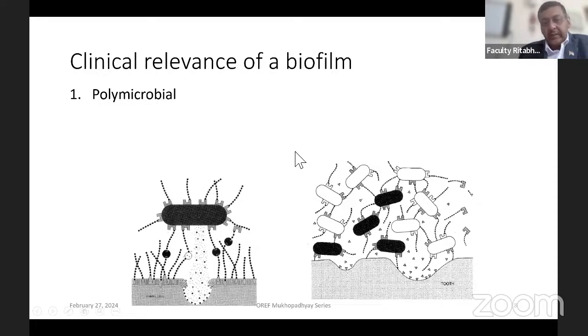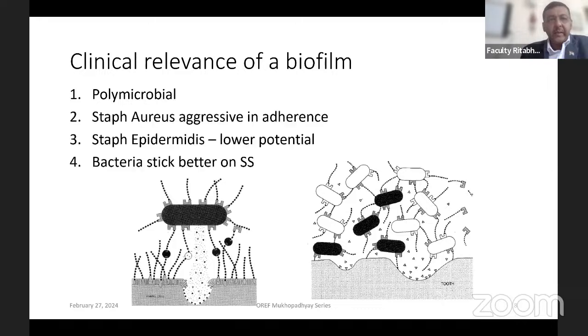Any bacteria which can throw a glycocalyx or sugary molecule can attach. So invariably, most of the infections to begin with are polymicrobial. A host of bacteria, gram-positive, gram-negative, can attach onto a surface. Staph aureus, being the most aggressive, is generally the most common.